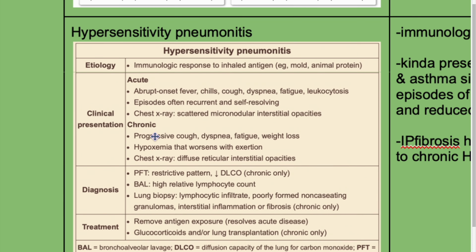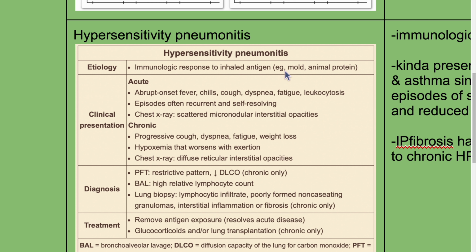Okay, so let's go through that. Hypersensitivity pneumonitis. Etiology: immunologic response to inhaled antigen, for example, mold or animal protein. Acute presentation is abrupt onset of fever, chills, cough, dyspnea, fatigue, and leukocytosis.